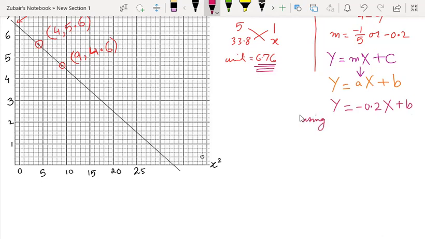For y, I can use 5.6 equals minus 0.2 times 4 plus b.